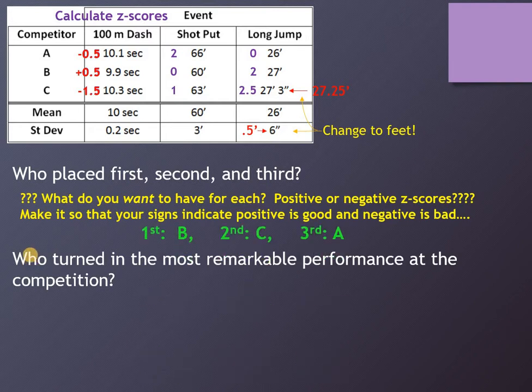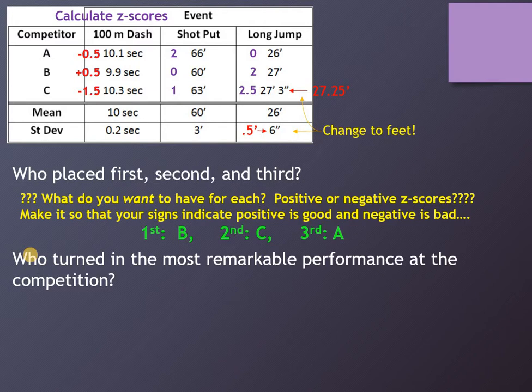So then it's going to be C and then A. Because if I just add across. So do you see how I can compare things that are even in completely different groups? If I just want to make sure that I think of my z-scores as which one is better and keep that consistent, you're okay.